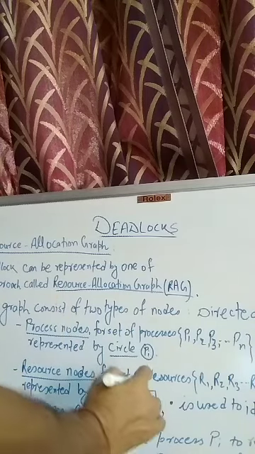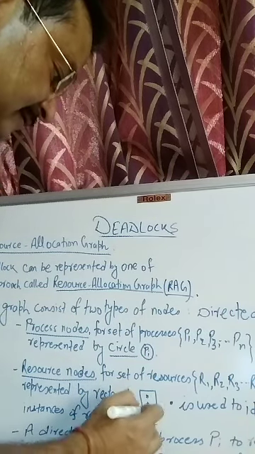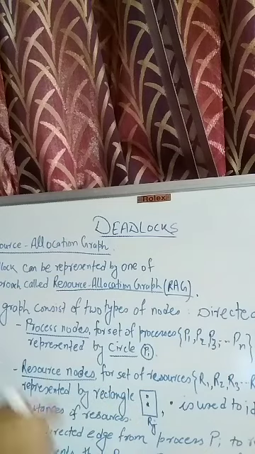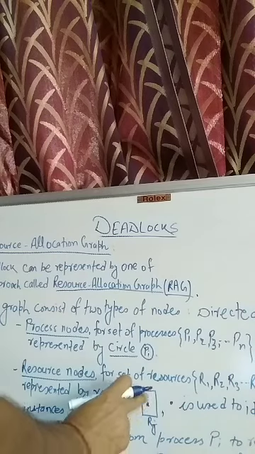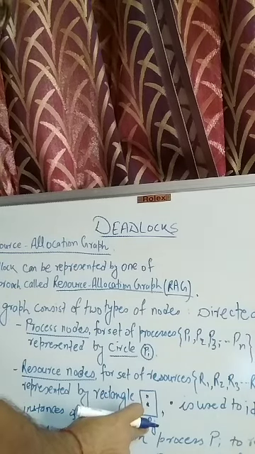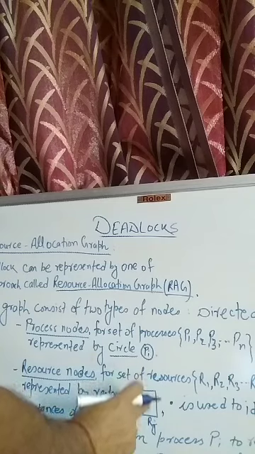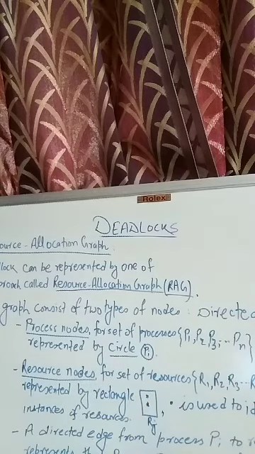And one thing more, the dot under this rectangle is used to identify the instances of resources. So in this case, if there are two dots, it represents that for resource Rj, two instances of Rj are available in the system.